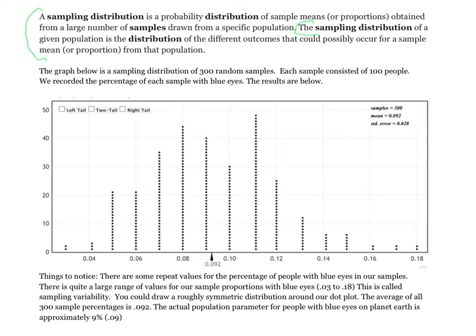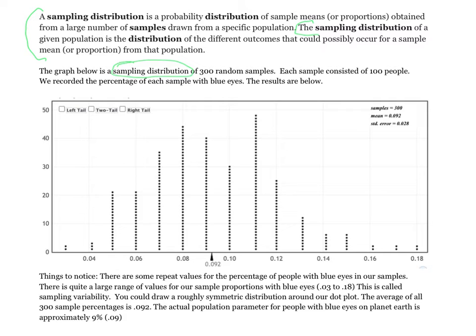Now, the graph below is a sampling distribution of 300 random samples. Basically, I repeated the sampling process 300 times. Each sample consisted of 100 people. We recorded the percentage of each sample with blue eyes. The results are below.